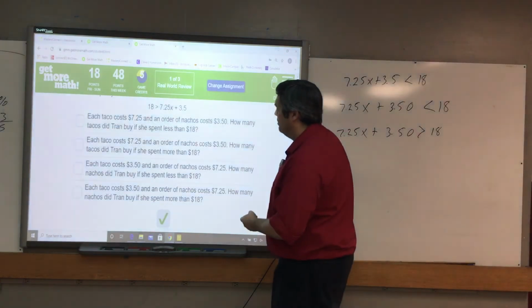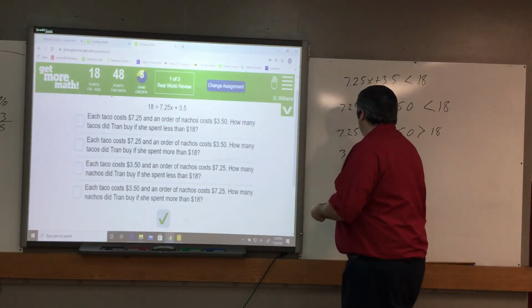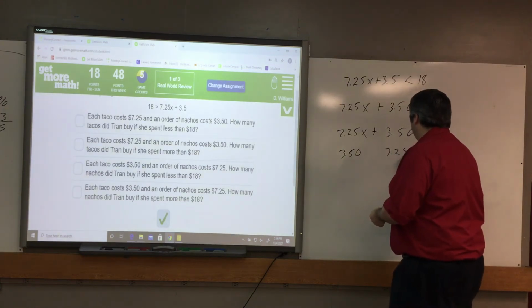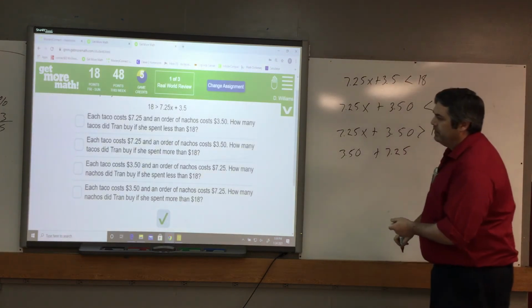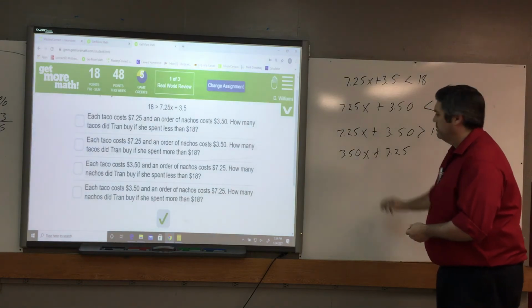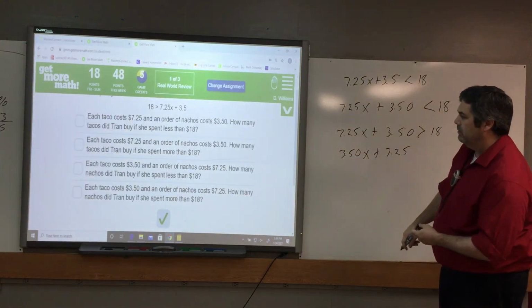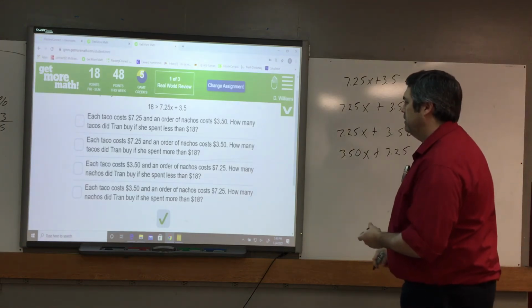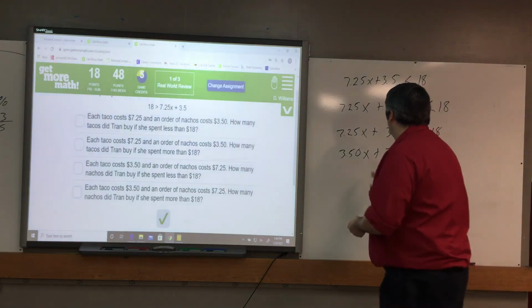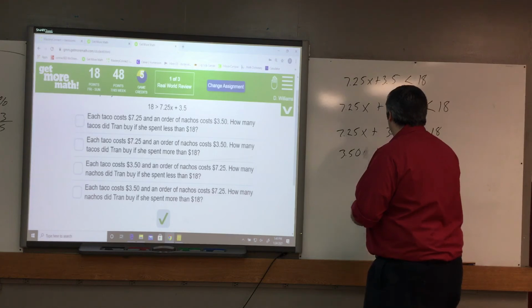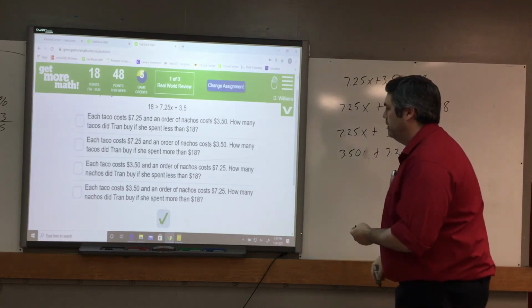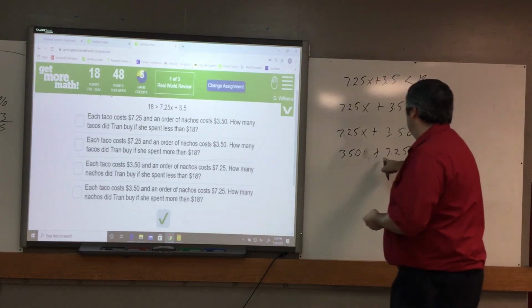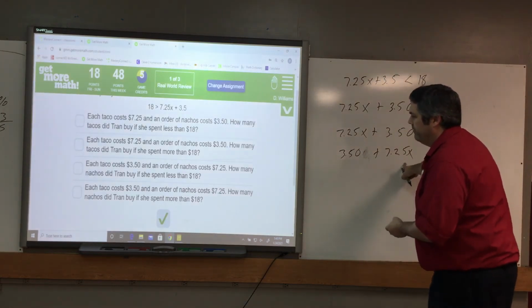Each taco costs $3.50, and an order of nachos costs $7.25.